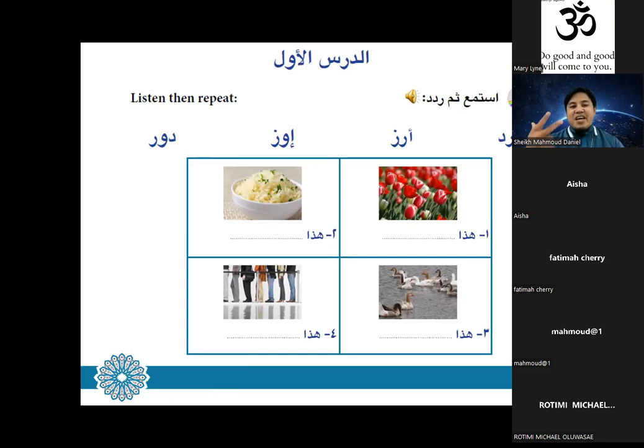Al-Awwal is the first, Al-Thani is the second, Al-Thalith is the third, and the rest of the numbers. Now, I want to play this audio, and I want you all to listen very carefully, because we're gonna have a kind of exercise in this lesson, inshallah, for us to read the words that are written on the screen.